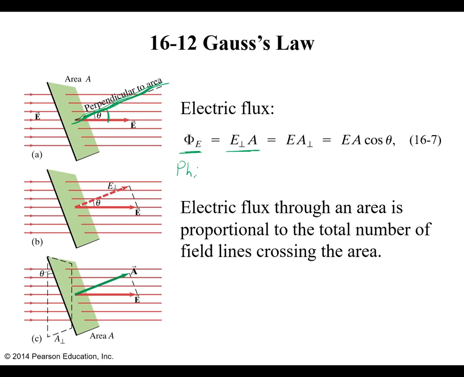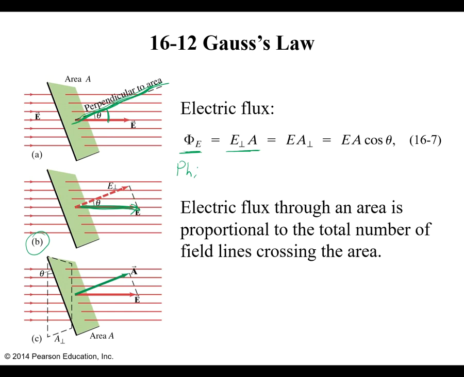Why? Well, if you look at figure B, basically what we're doing is taking our electric field and then taking our line that's perpendicular and then draw a component, basically make a right triangle out of this. Then you're going to have a part of the electric field. Let me draw these in different colors.